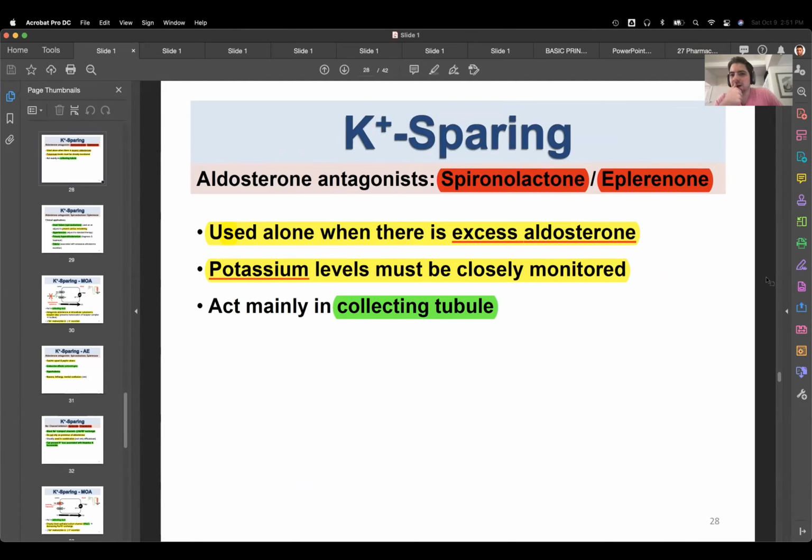It may not be intuitive, it's not to me, but spironolactone is one of those drugs that helps to prevent cardiac remodeling, okay? A couple of drug classes prevent cardiac remodeling, which is very important because cardiac remodeling causes systolic and diastolic dysfunction.